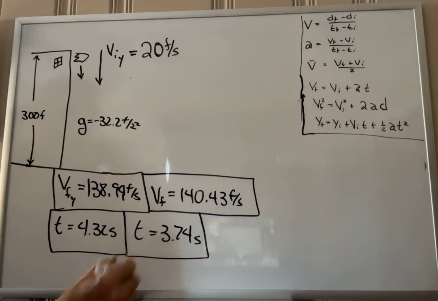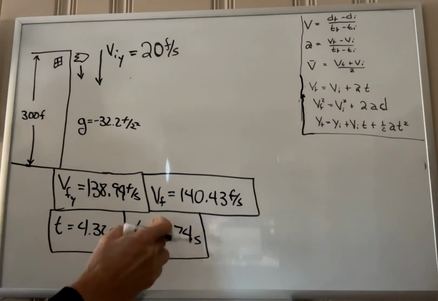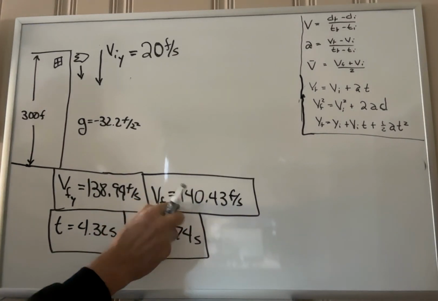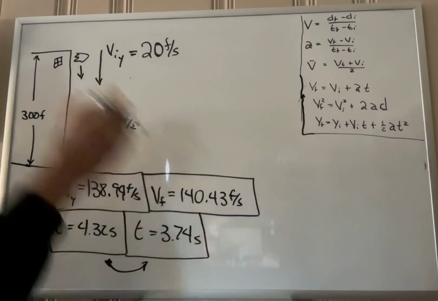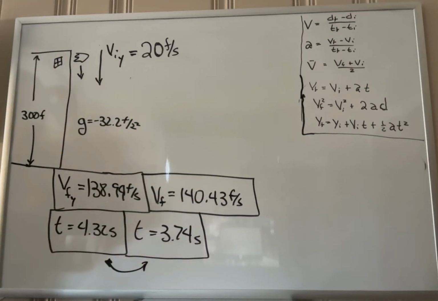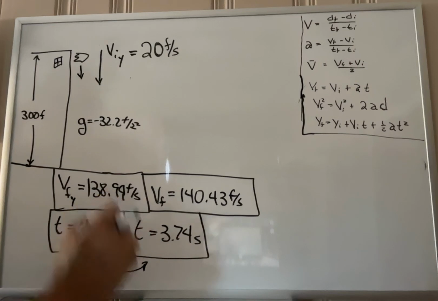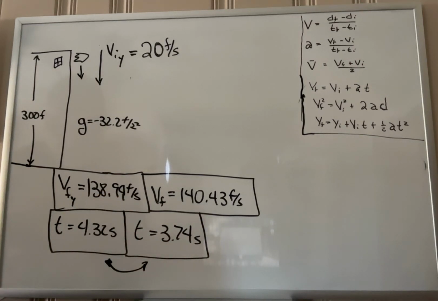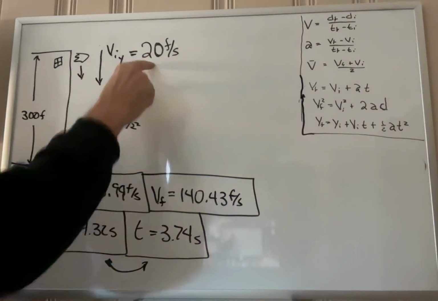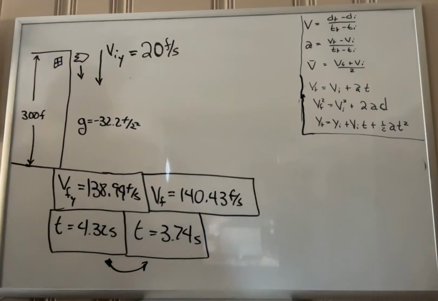So you're talking about a half a second difference between these two. So gravity only has about a half a second more to get the velocity going faster on this side of things. I hope that makes sense. But the most important part of understanding these equations is just not to take this and add it to that. Don't do that. It doesn't work.